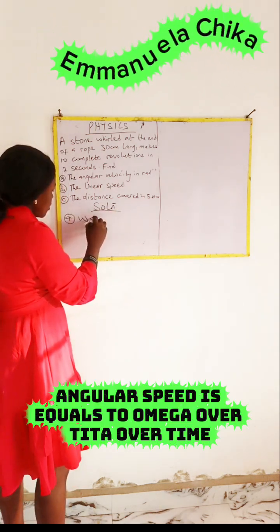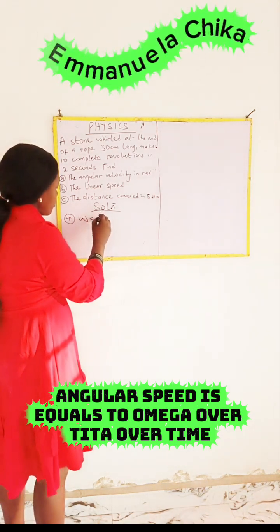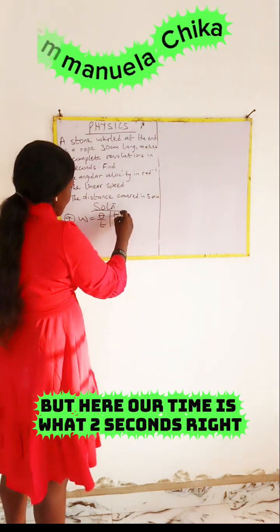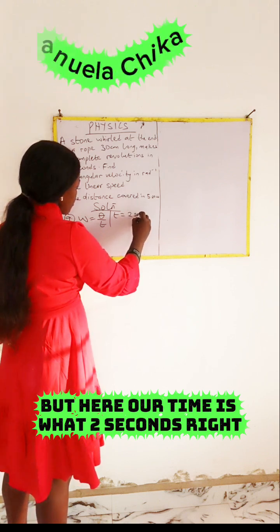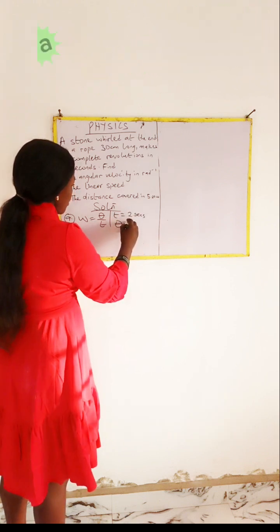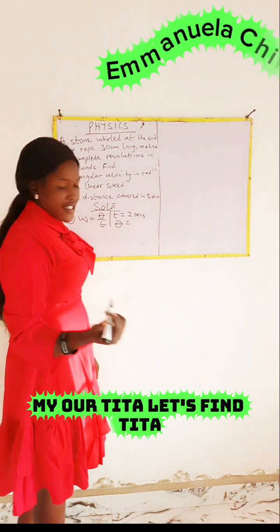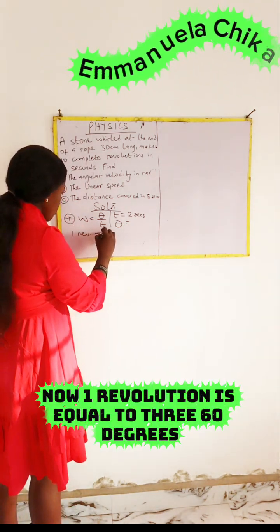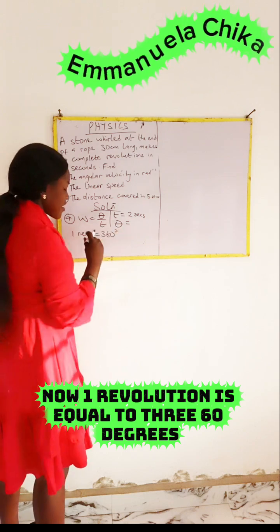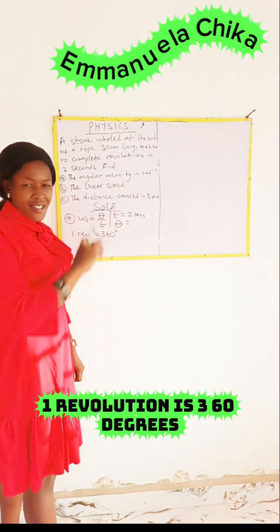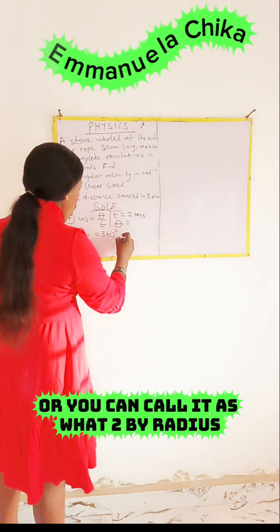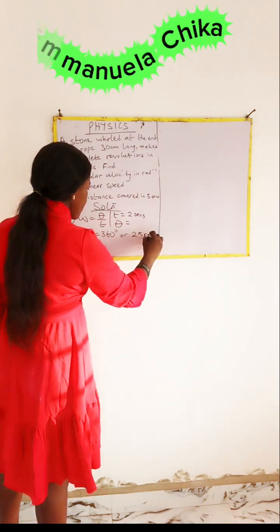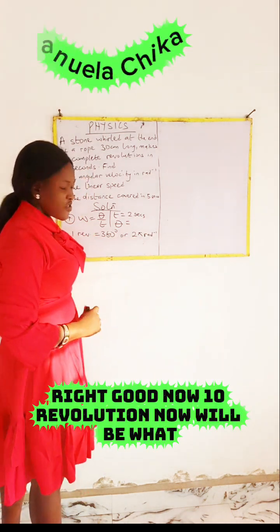Now, number 1. Angular speed omega is equal to theta over time. But here, our time is what? 2 seconds, right? Let's find theta. 1 revolution is equal to 360 degrees, or we can call it 2π radians.